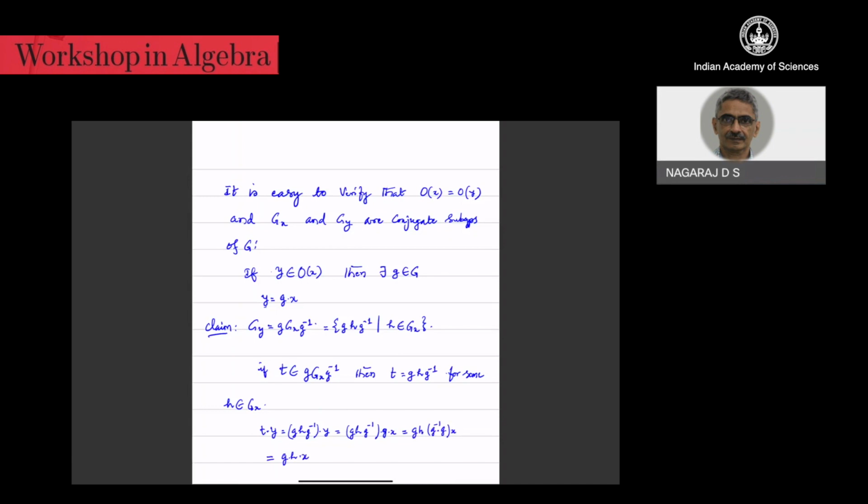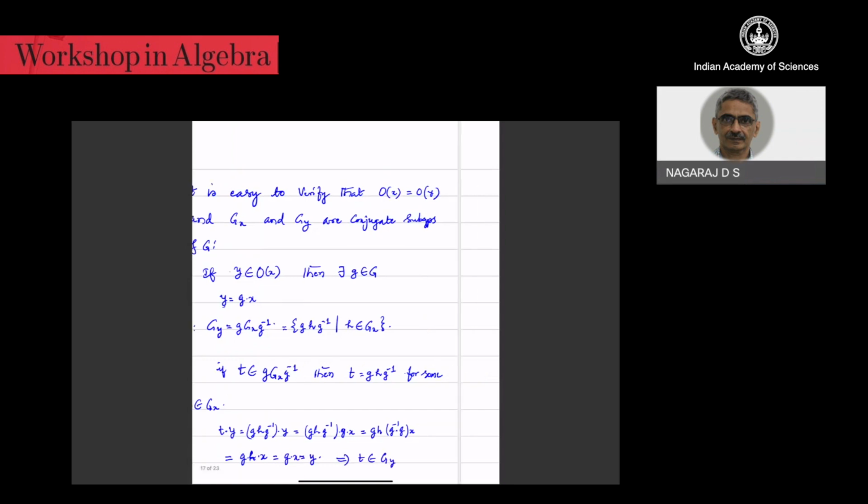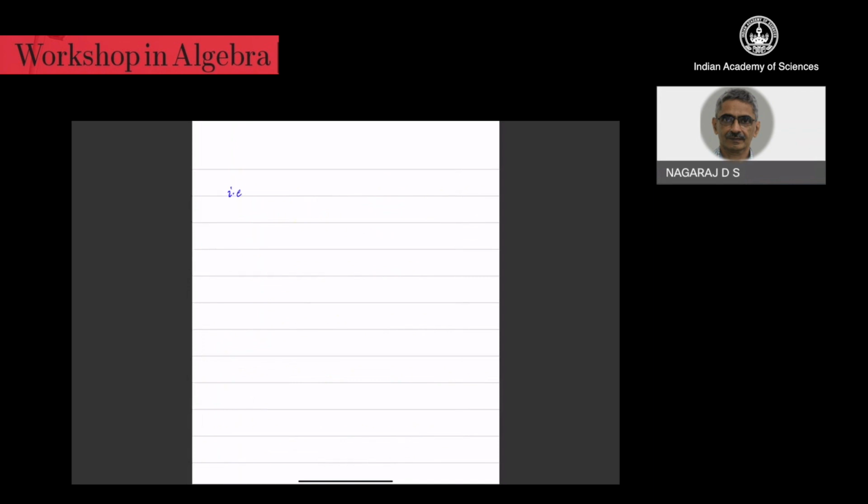But h is in Gx, so h times x is x. So g times x is equal to y. So this implies t belongs to Gy. What we have shown is that g Gx g inverse is contained in Gy.